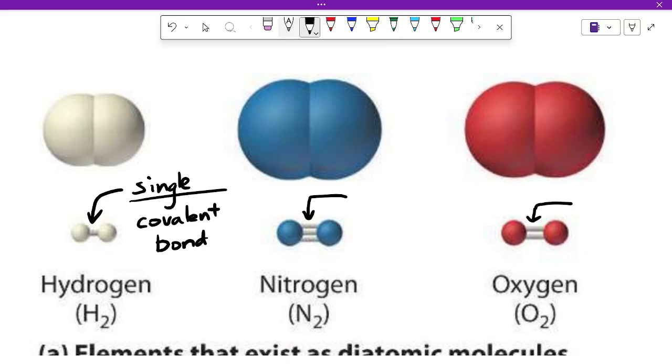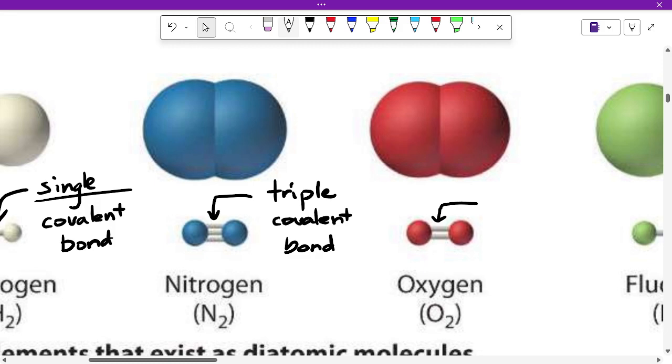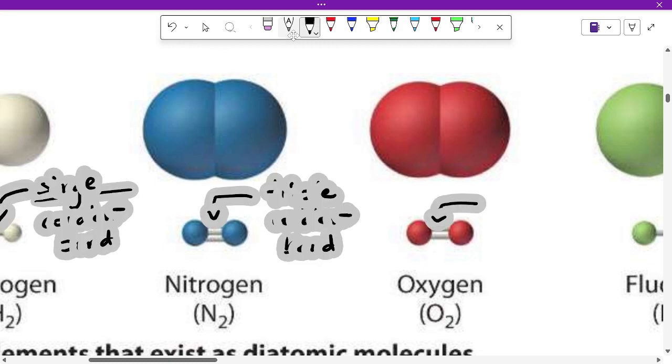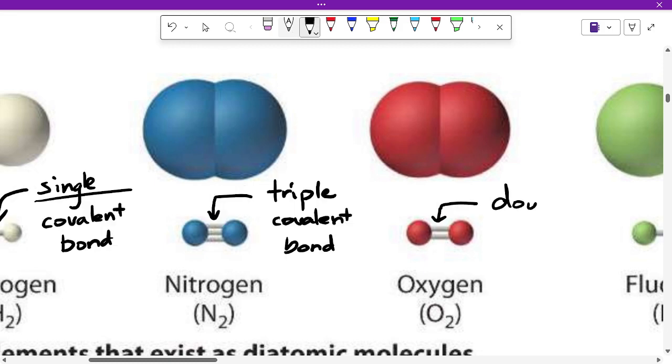What about nitrogen? We have 3 lines. We have a triple covalent bond. And oxygen, we have 2 lines. What's that called? That's a double covalent bond.